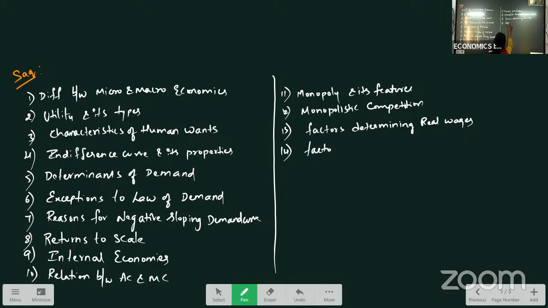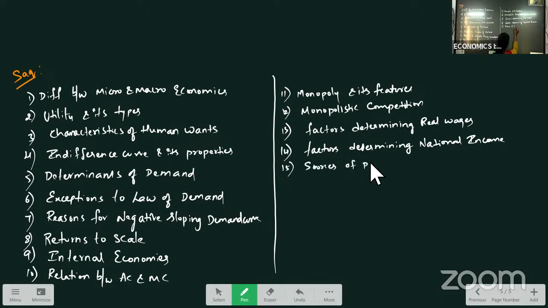Next, factors determining national income.